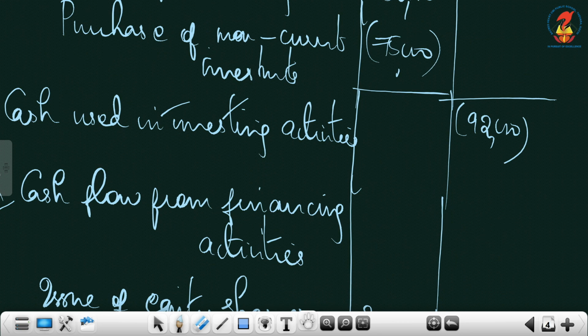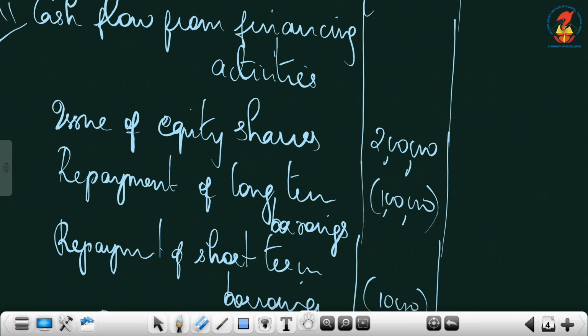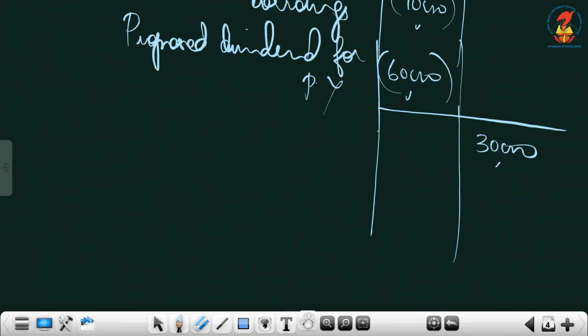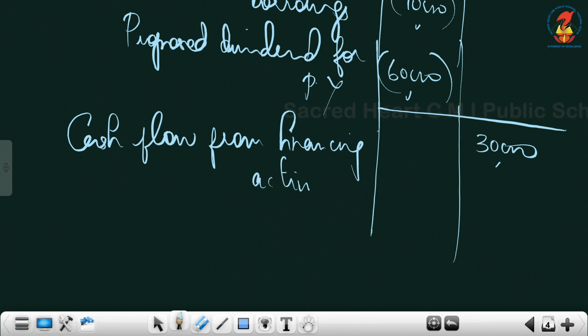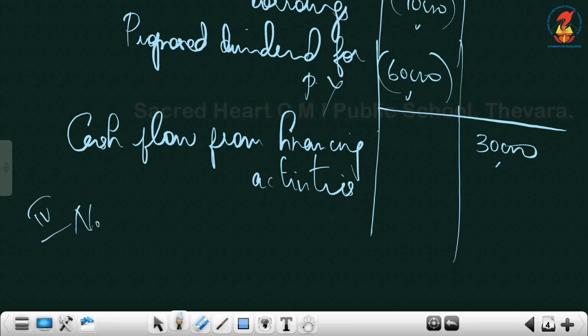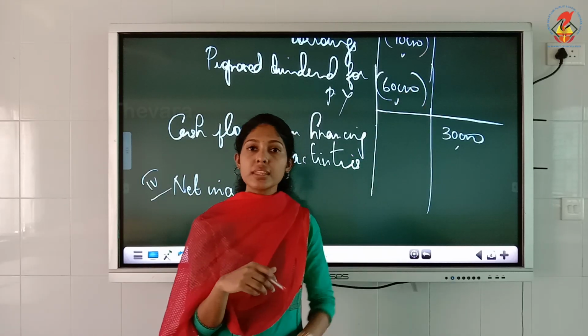Okay. So this will be cash flow from financing activities. Then we have the fourth section, net increase or decrease. Oh, sorry, before you write this net increase or decrease, you have to add all three figures which we have written in the outer column.